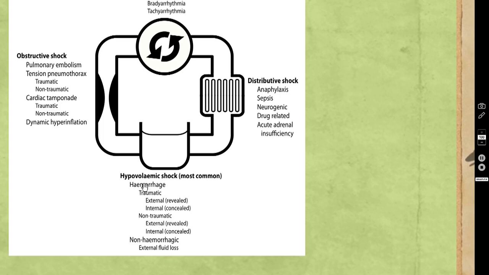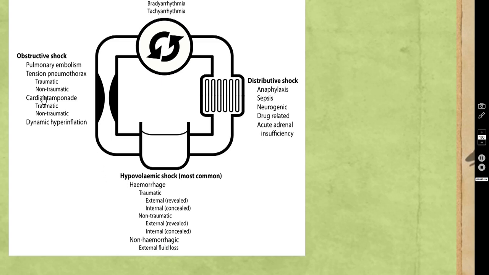Hemorrhagic hypovolemic shock is because of bleeding. It could be external because of trauma, or non-trauma bleeding. Non-hemorrhagic shock means fluid loss, which could be because of diarrhea, vomiting, or burns. All these things can produce fluid loss.